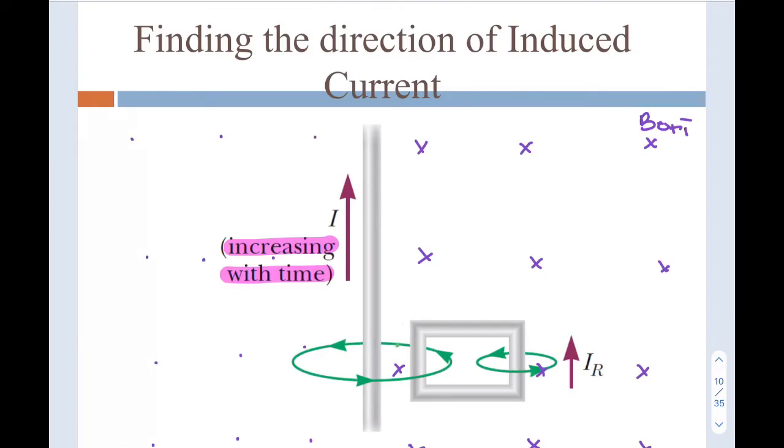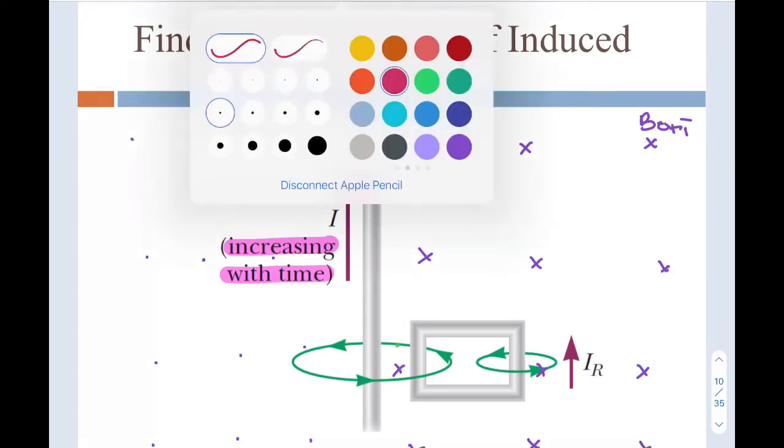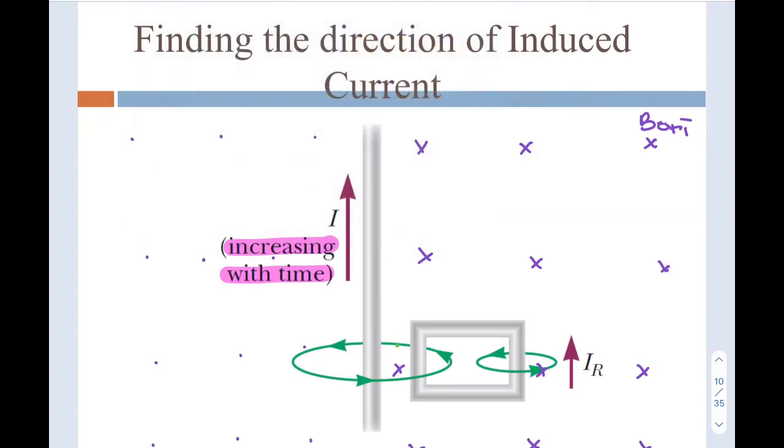So the induced field doesn't want to change, therefore it is going to produce the B which is out of the page, right?